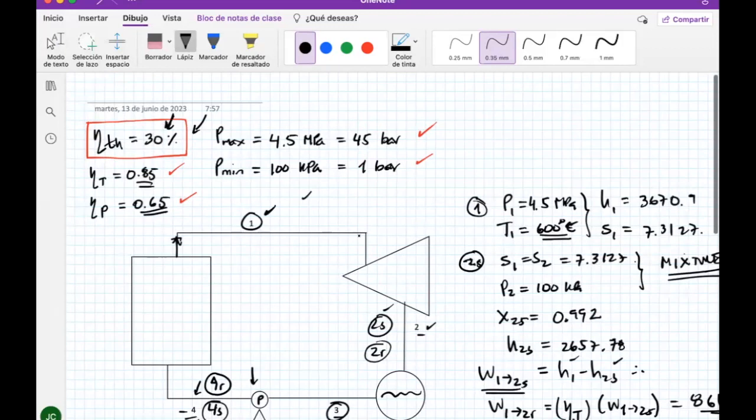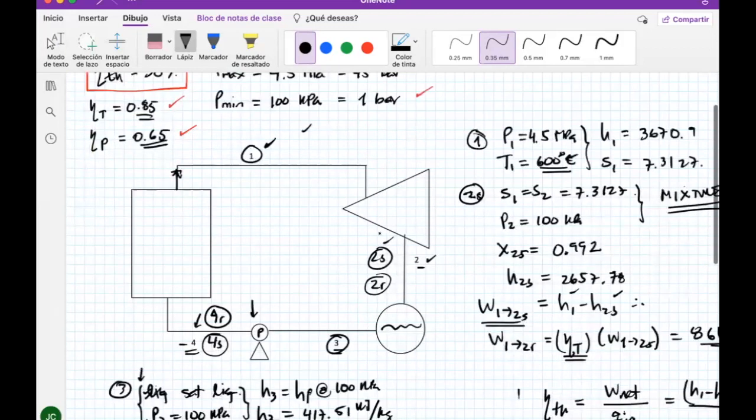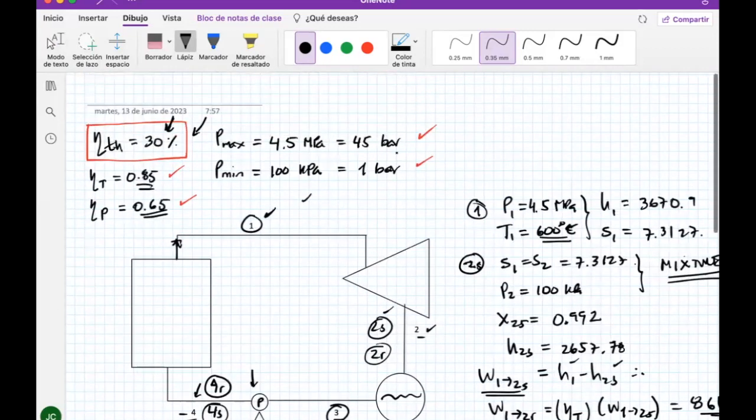You need to improve the efficiency of this Rankine cycle, and there are several ways to do that. You can do it little by little, introducing one improvement and then another and then another. You can cheat a lot in this problem and say, instead of 600 degrees Celsius, let's just do 1,000 degrees Celsius.